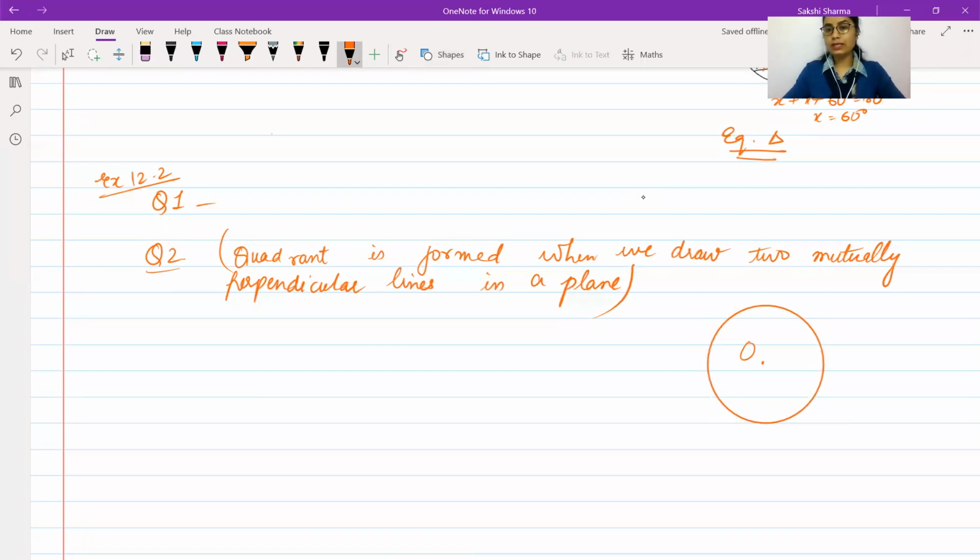यहाँ पे उन्होंने बोला है सर्कल का क्वाड्रेंट आपको बनाना है. सर्कल का क्वाड्रेंट बनेगा when you have two perpendicular lines drawn here. Those will be the diameters of the circle, which will divide your circle into 4 equal parts.